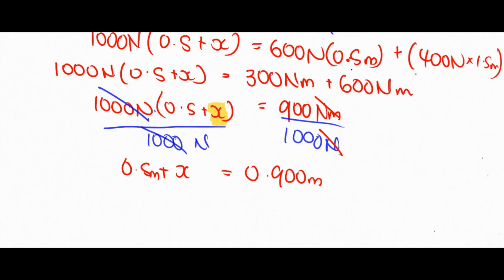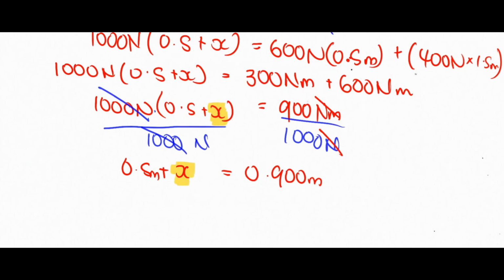So if you realize what's happening now, we are adding 0.5 to x, and remember we want to get x by itself, so we want the statement to read x is equal to something.